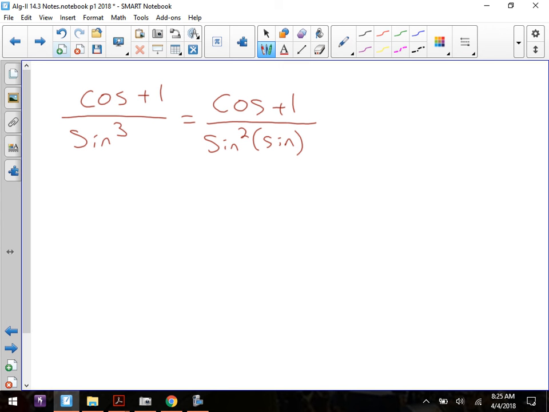Okay. Now, how can I rewrite sine squared in terms of a cosine? Oh, 1 minus cosine squared. Okay. So now I get cosine plus 1 over 1 minus cosine squared times the sine. Now it becomes a little weird. Is 1 a perfect square? Is cosine squared a perfect square? Is that a subtraction symbol?